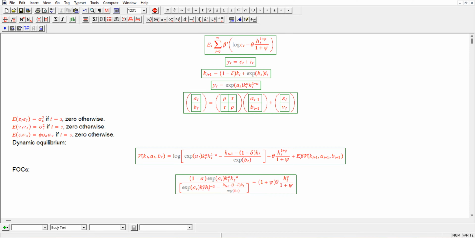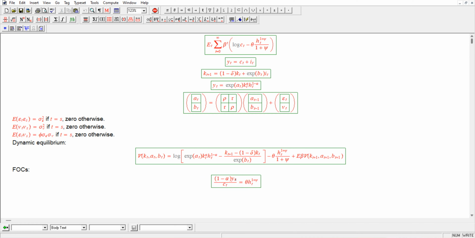Now we're going to do some simplification here, because notice that this is just consumption. Also, this of course cancels. And notice also that if I multiply both sides by h, I end up being able to substitute out for this, because this is just output.